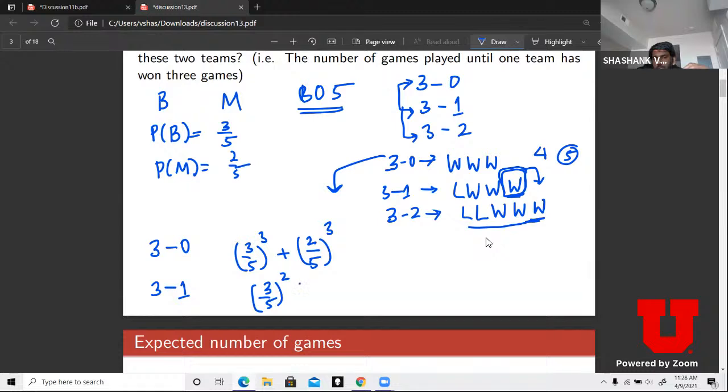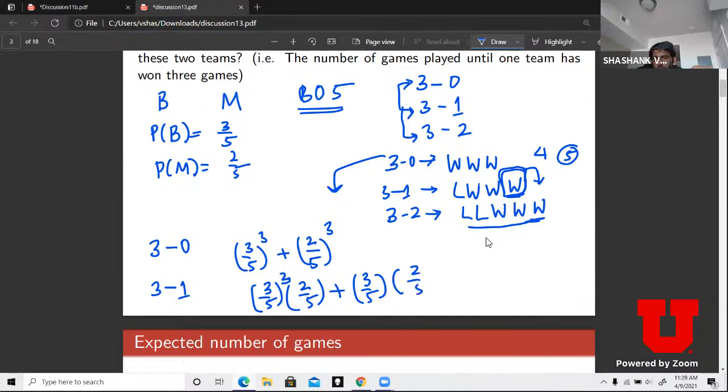For 3-1, it would be 3 games won by a team and 1 game lost, or vice versa.